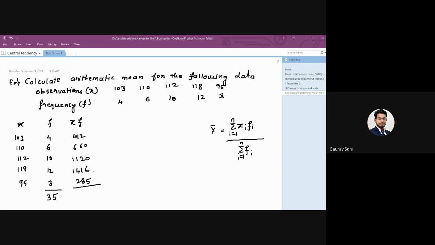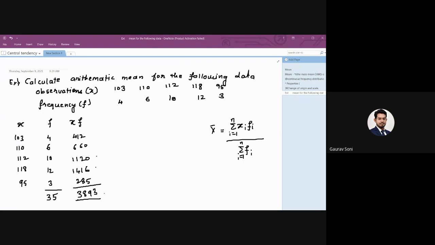Can you add this? It will not go to 4000. This entry is 1000, 2000, adding this you'll get 3000. So it is 3893.